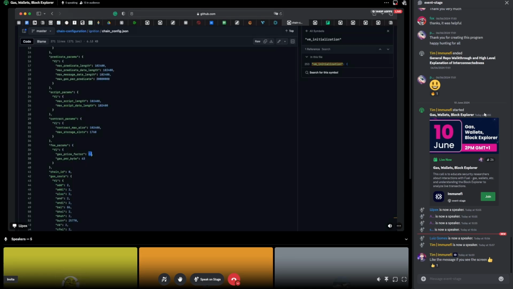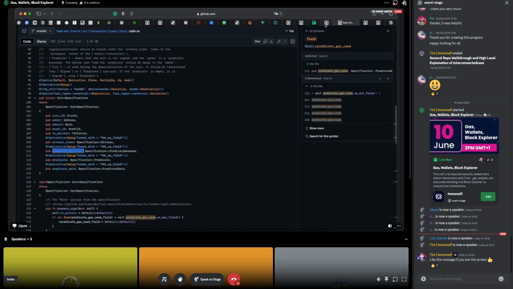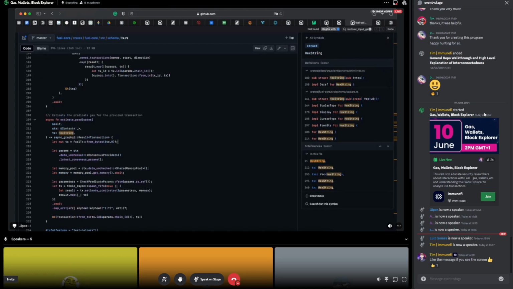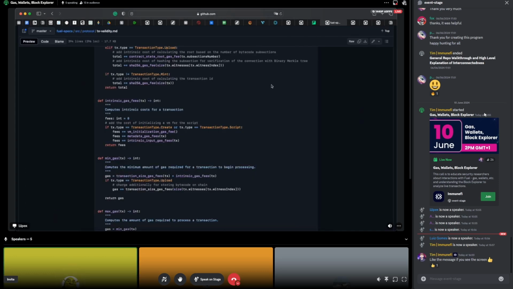So it means that, let's say if gas price is 1 and you consume 1 million gas, then 1 million gas will be multiplied by gas price 1 and divided by 92. So your transaction will be 92 times cheaper in that case. But if gas price is 92, then it will be 1 million in tokens. So that's how gas price is calculated.